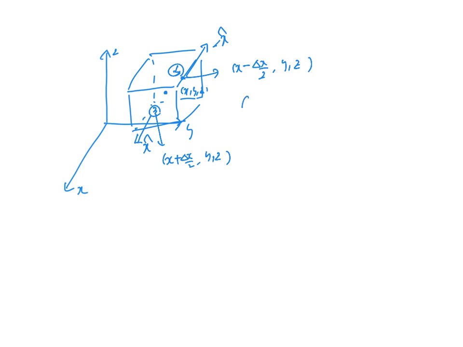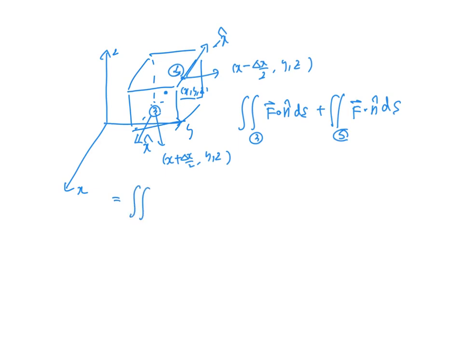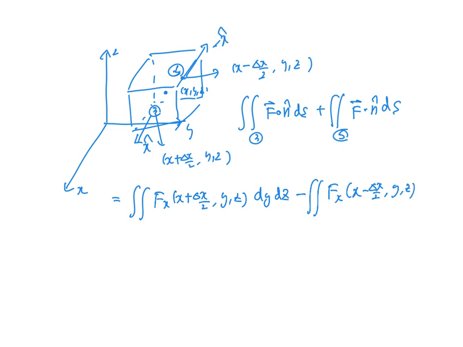So this integral of F dot dS will be, since 3 is in the positive direction, Fx(x plus delta x over 2, y, z) dy dz, minus Fx(x minus delta x over 2, y, z).